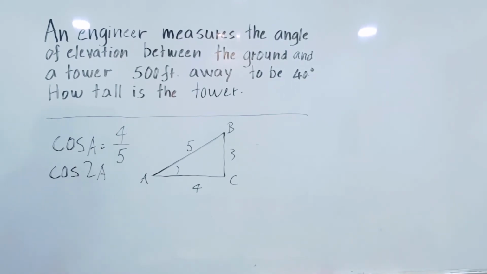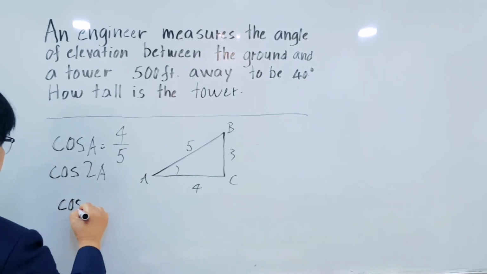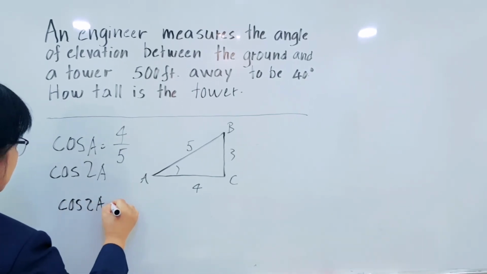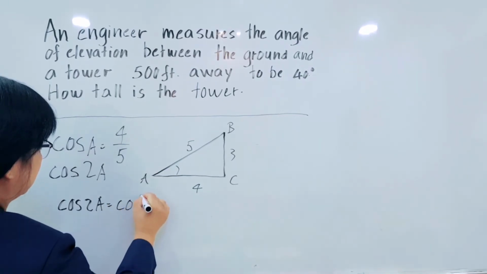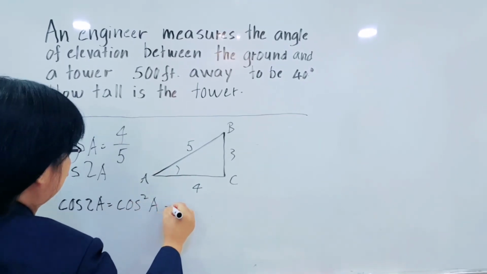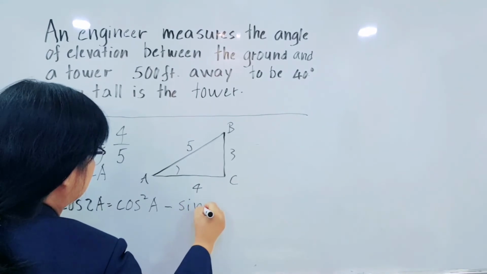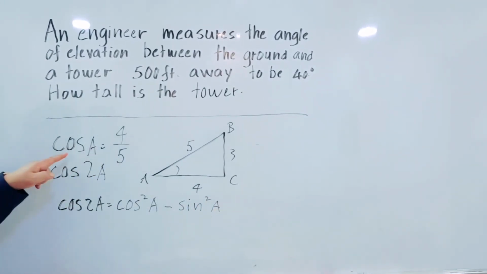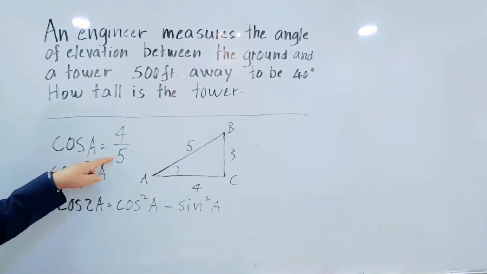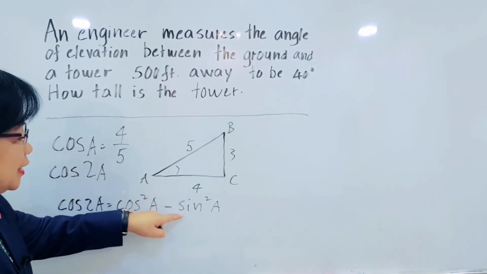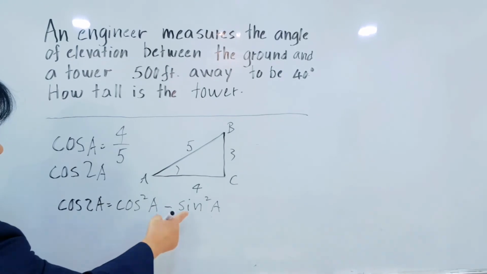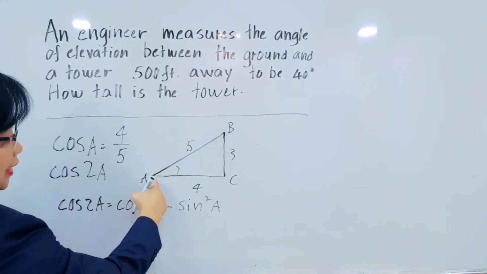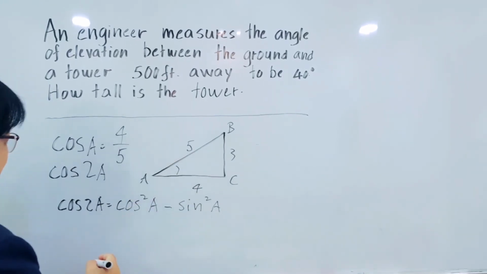Of course, we will use this trigonometric identity. The formula is cosine 2A is equal to cosine squared A minus sine squared A. We are given cosine A, which is 4 over 5, so we need to find sine A. Sine is equal to the opposite over the hypotenuse.